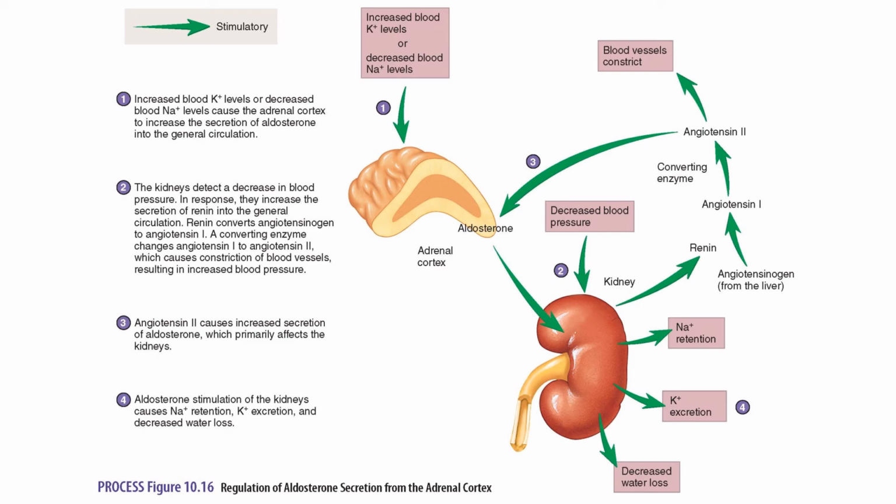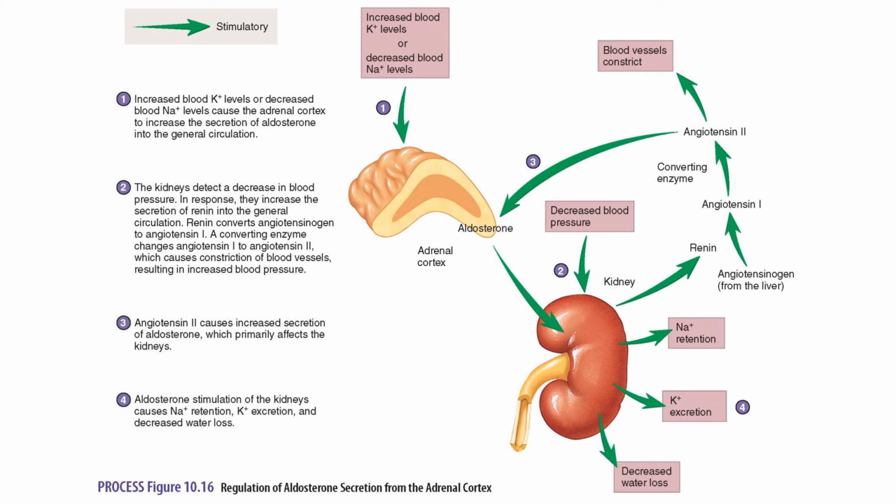So aldosterone primarily binds to the receptor molecules in the kidneys, but it also affects the intestine, the sweat glands, and salivary glands.